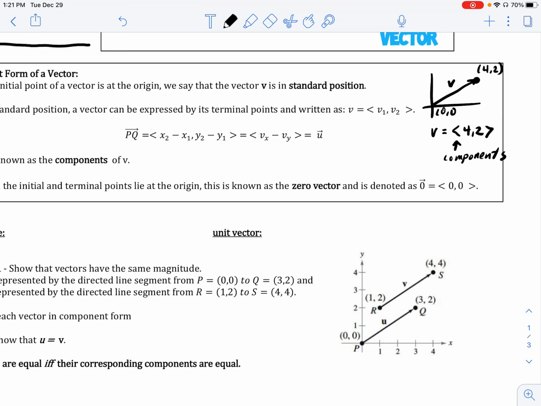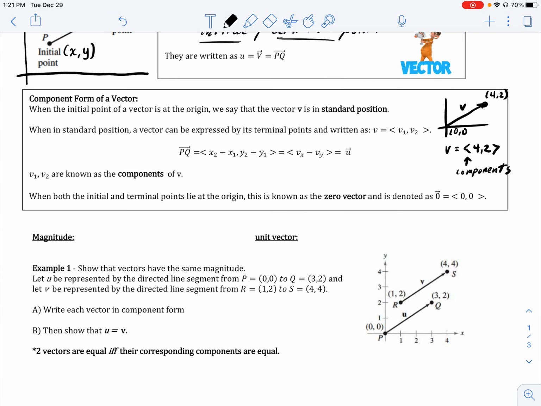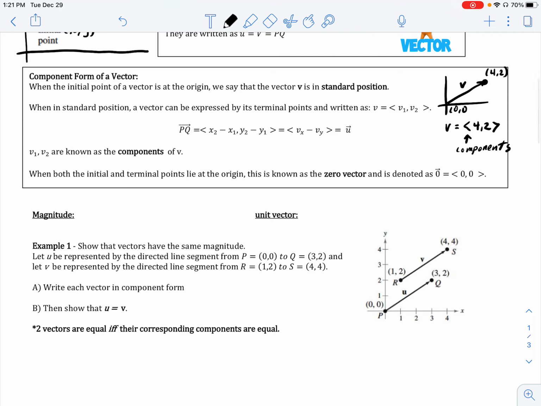A few other miscellaneous things that we should know about vectors before we try some of these problems. One, when both the initial and the terminal point lie at the origin, this is known as a zero vector. And so we often just denote a zero vector as what you're seeing here.